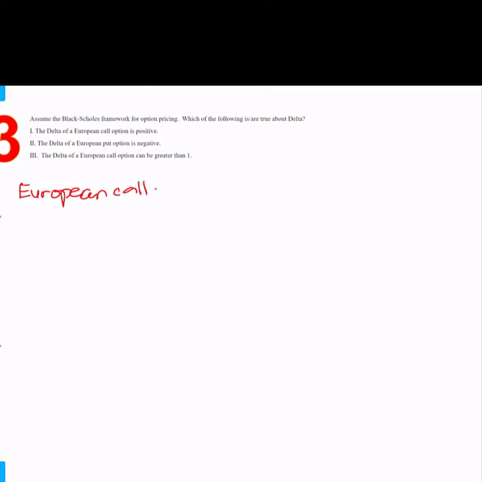European call. The price of the European call is C equals S0 e to the minus delta T phi of d1, minus K e to the minus rT phi of d2.